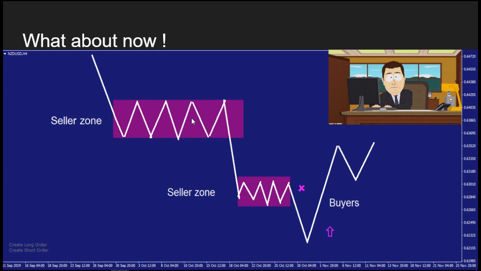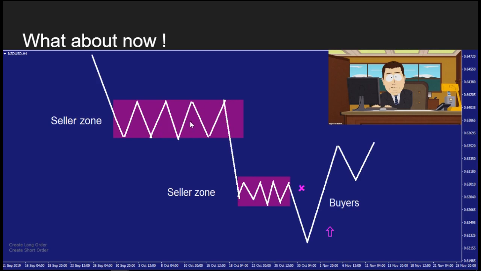The market is currently in equilibrium between the zone you took over from the sellers and the other seller zone. That means the seller can come from this zone very easily.